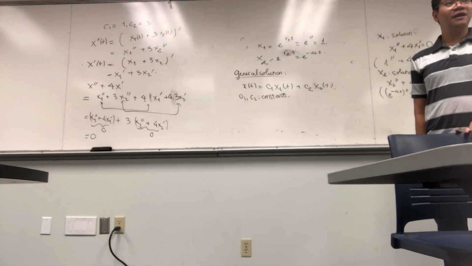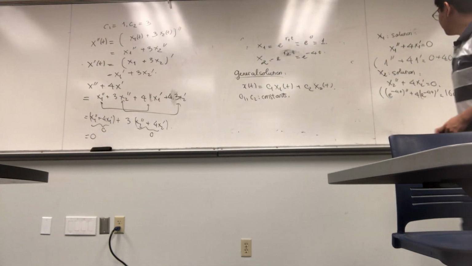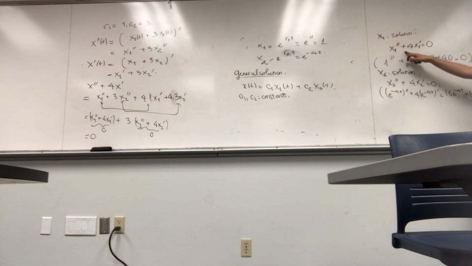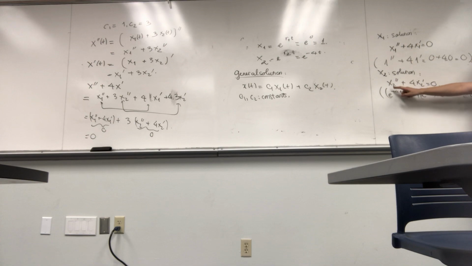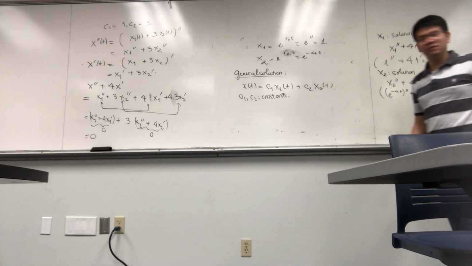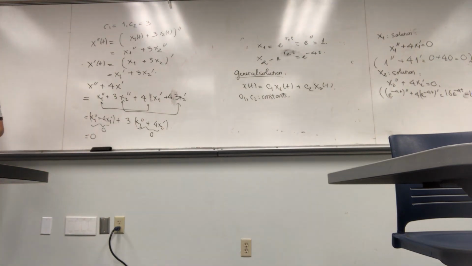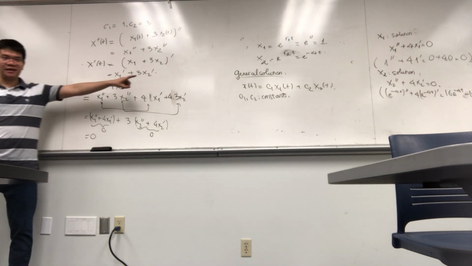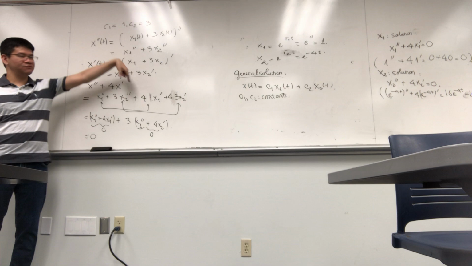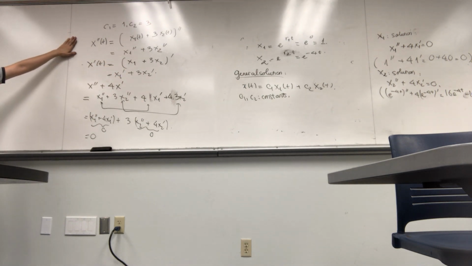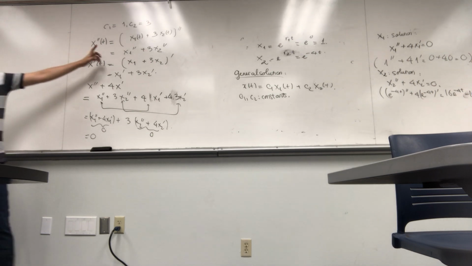Alright, I'll explain again. I have x1, and x1 is a solution of the equation. I have x2, and x2 is also a solution of the equation. Now I take a linear combination of the two solutions. In this case, I have C1 to be 1 and C2 to be 3. I'm going to prove that this linear combination is also a solution of the equation. How do I prove that?